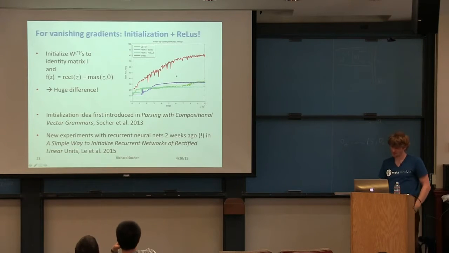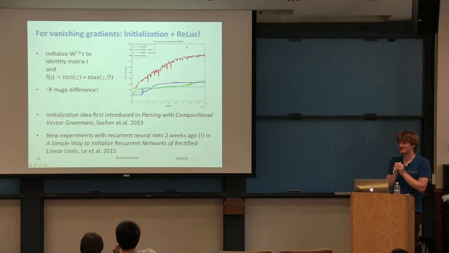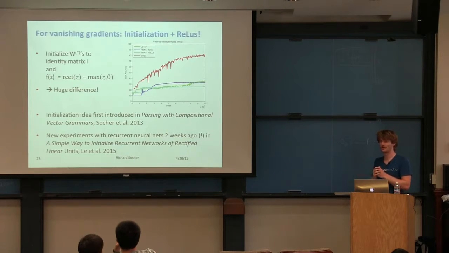And so here's one plot for a somewhat artificial problem. I guess I can briefly talk about this. This is basically a pixel by pixel permuted MNIST. MNIST is a very simple data set of just digits. The deep learning community had worked on it a little far too long.